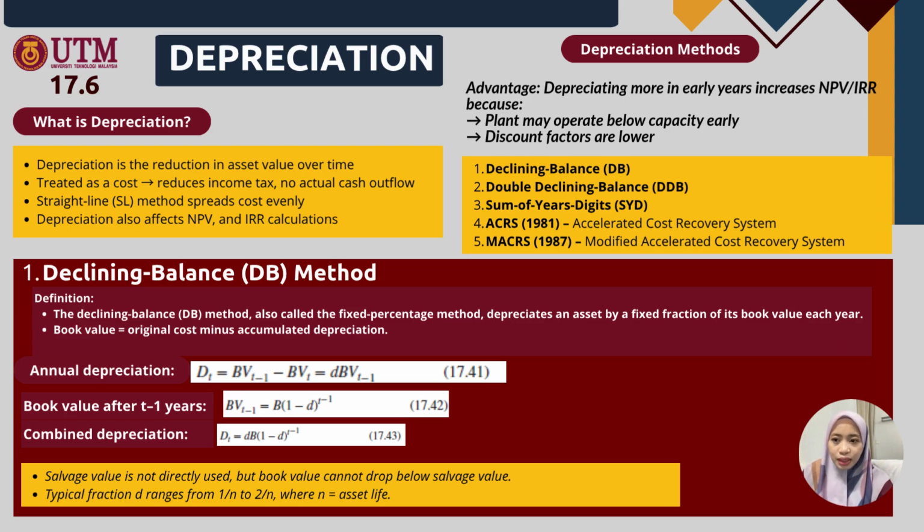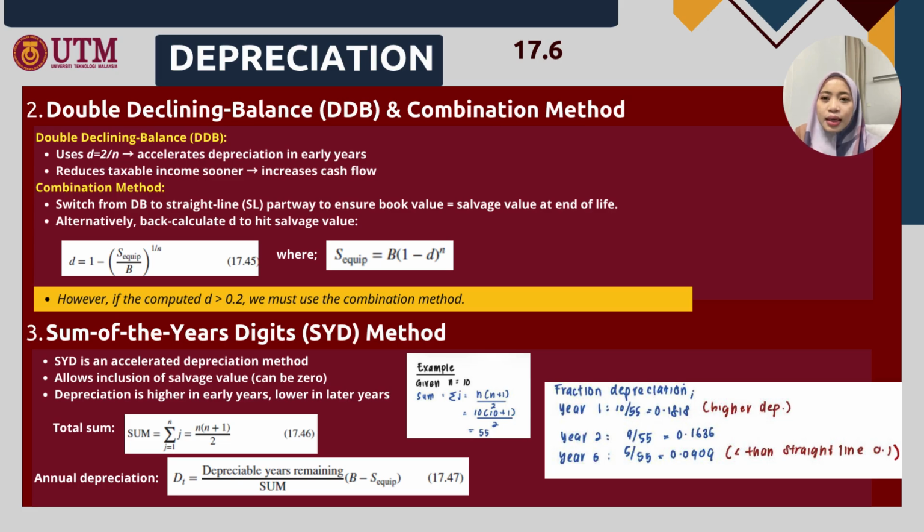The double declining balance method is a type of accelerated depreciation where d is equal to 2 over n. This method depreciates more in the early years, which reduces the taxable income and increases cash flow early in the asset's life. Sometimes the declining balance method alone cannot reach the salvage value exactly.